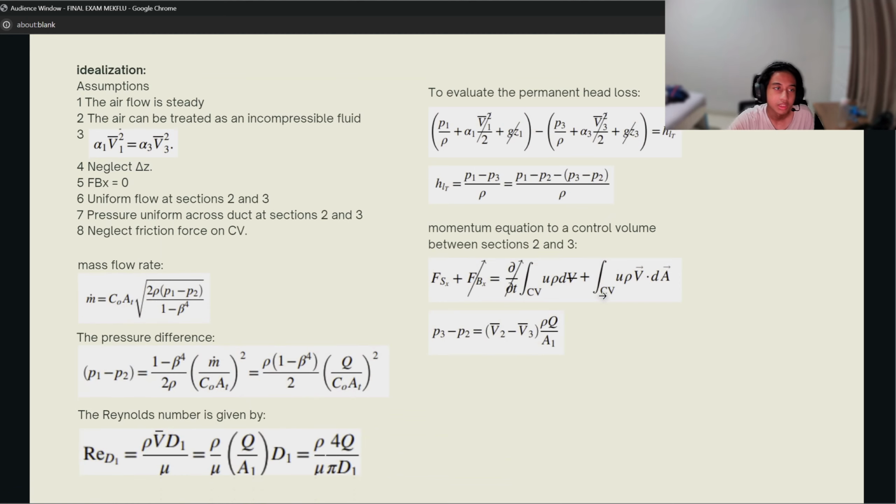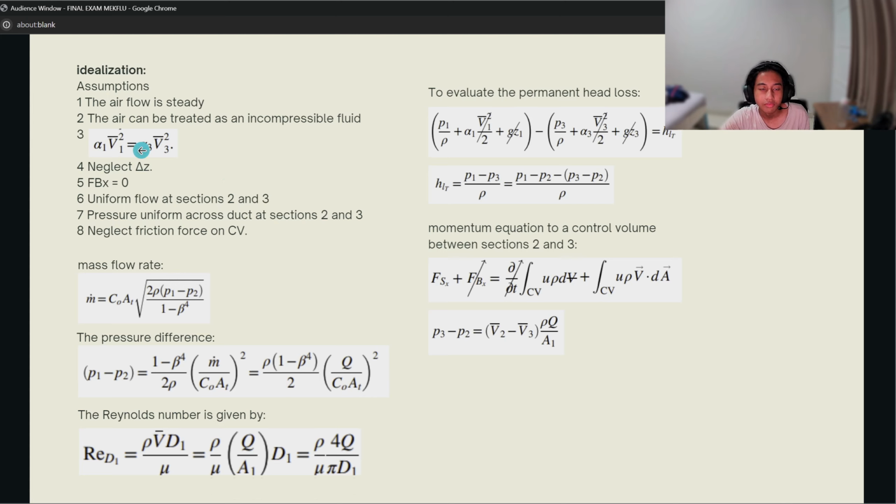Let's move on to the next step, which is idealization. We make assumptions to make the question easier to solve. There are basically 8 assumptions. First, I assume the airflow is steady, and the air can be treated as an incompressible fluid.